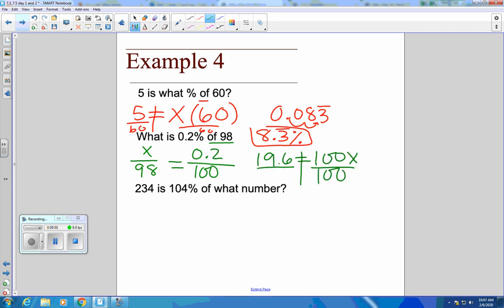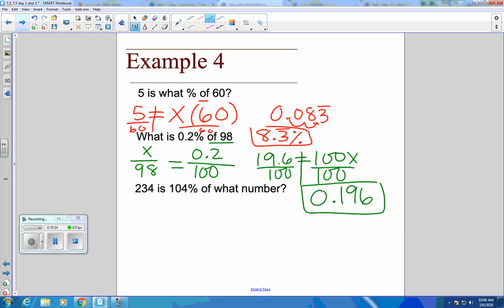Divide both sides by 100. And I get 0.196. I'm not changing that to a percent because it's asking me for the number. It's asking me for the part. So it's 196 thousandths.